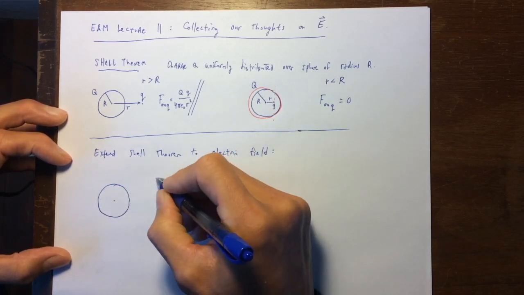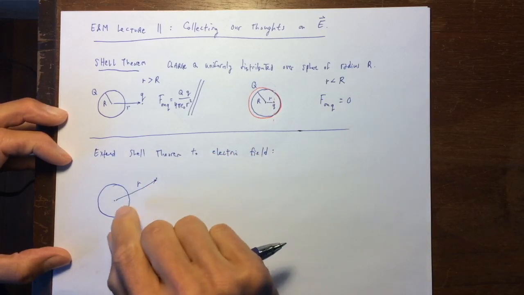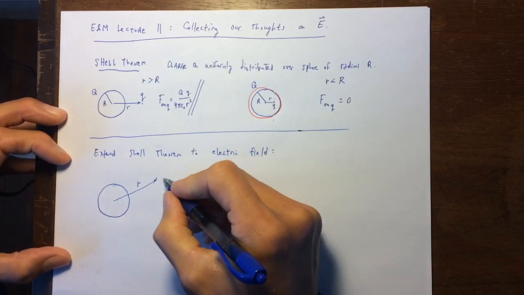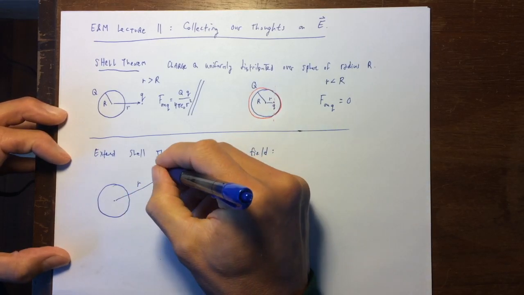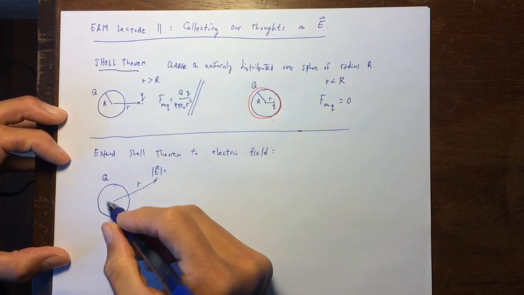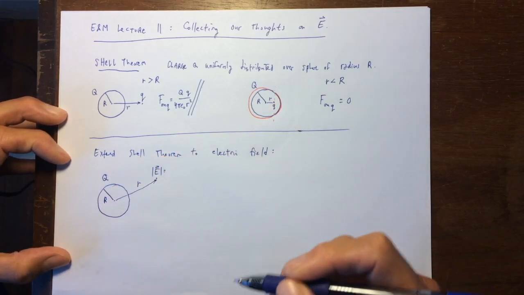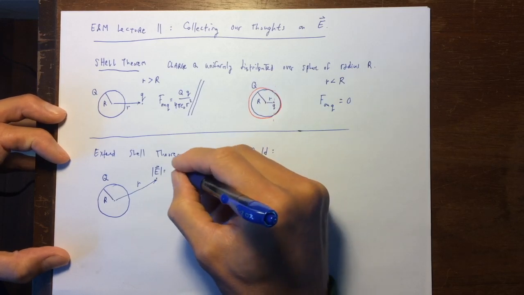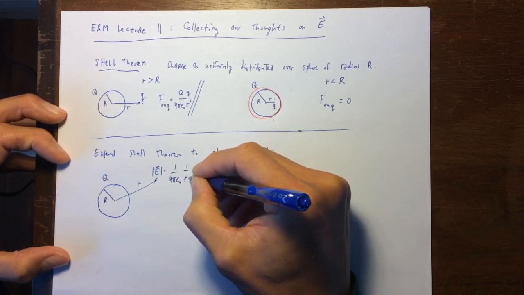When we ask about a place that is outside of this uniformly charged spherical shell, the electric field at this location right here has a magnitude equal to, so the charge capital Q is smeared uniformly over this shell of radius capital R, 1 over 4 pi epsilon naught, and then just 1 over r squared.